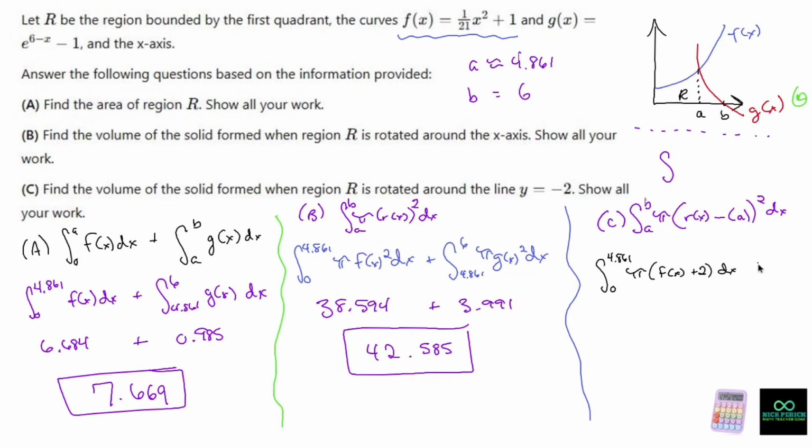And I'm going to add that to the integral from 4.861 to 6 of pi g of x minus -2, or plus 2, dx. Squared, squared. Can't forget to square those parentheses. That changes everything. Okay, so let's run to our calculator, see what happens.